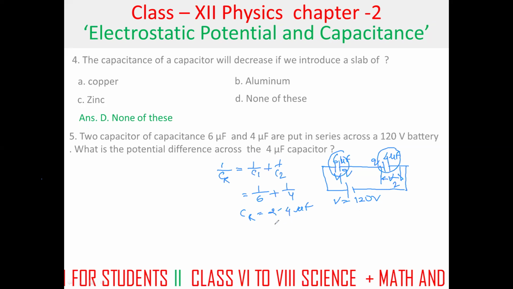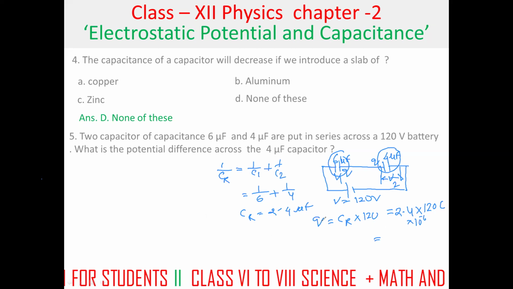The battery voltage is 120. So with the equivalent capacitance, Q equals C equivalent into 120, so this will be 2.4 into 120 coulomb, multiplied by 10 to the power minus 6 farad. Keep it here.